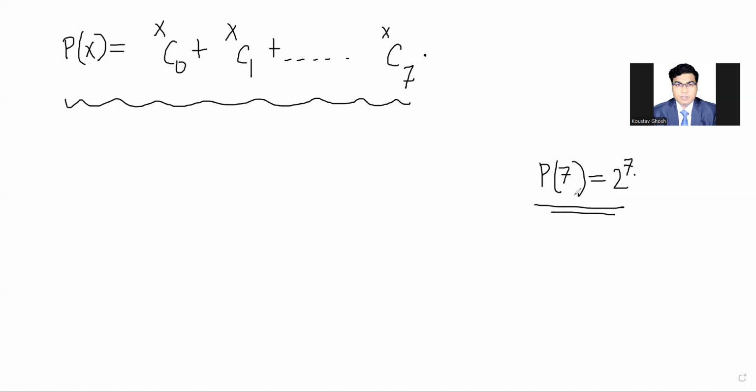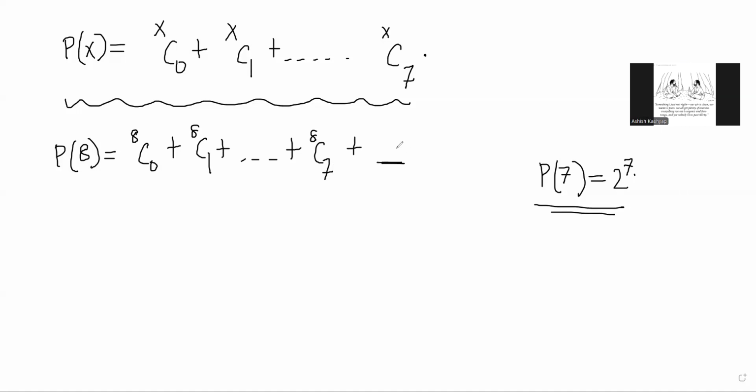But if you put x equal to 8 in this polynomial, you will realize that P of 8 would be 8C0 plus 8C1 till 8C7, right? So it is not going to be 2 power 8 because it's missing the last term. It is going to miss the last term, so P of 8 is not 2 power 8, right?